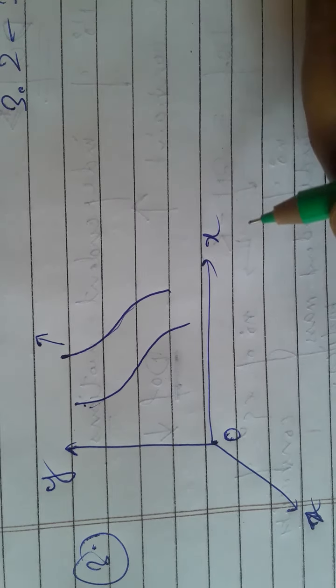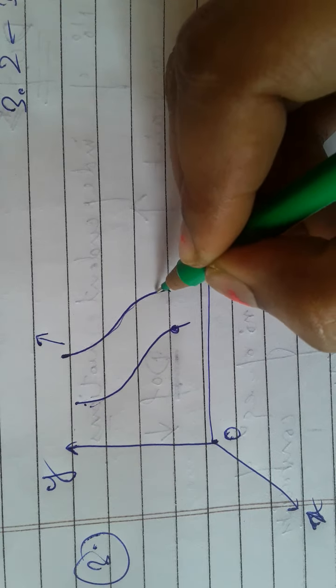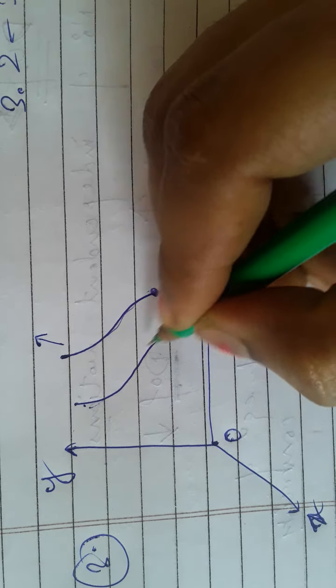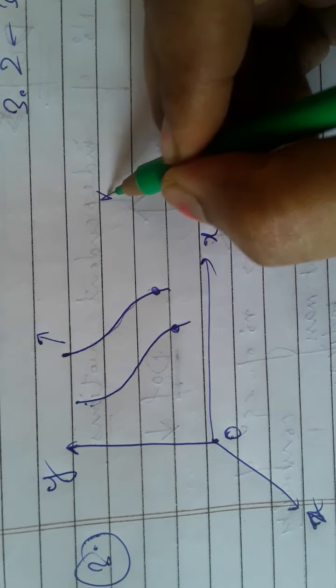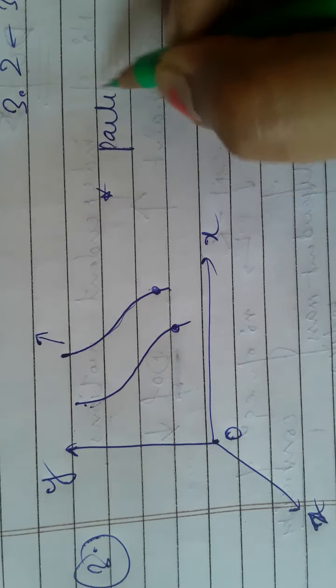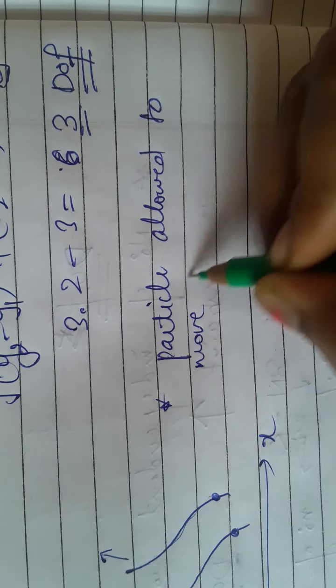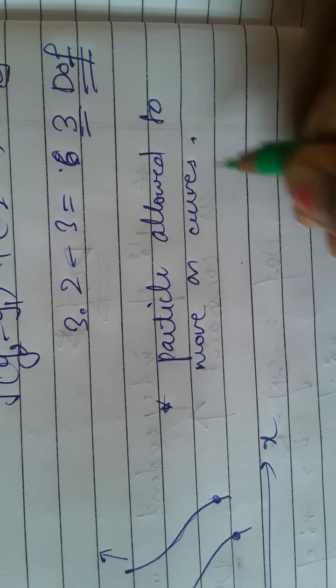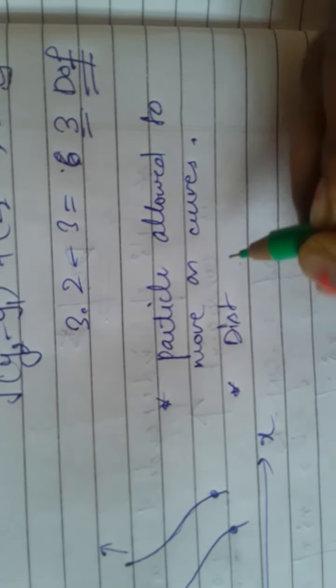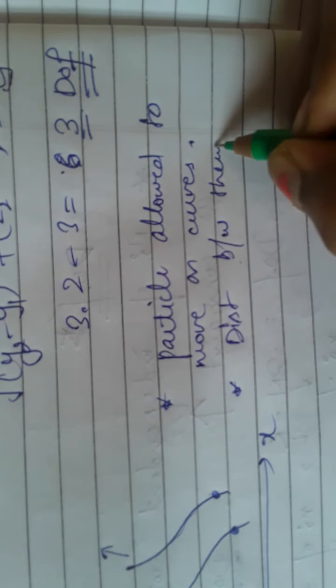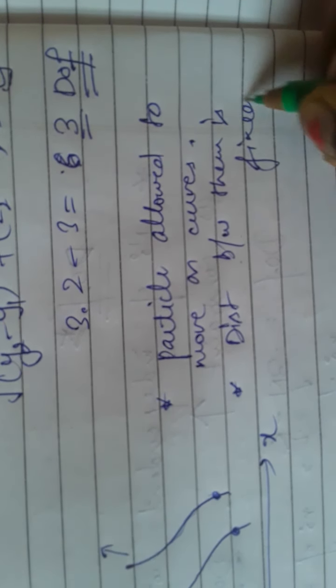So here is the origin. Two particles are allowed to move only on these curves. Particles are allowed to move on the curves, and the distance between them is fixed.